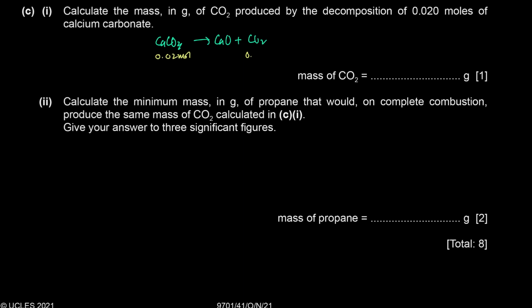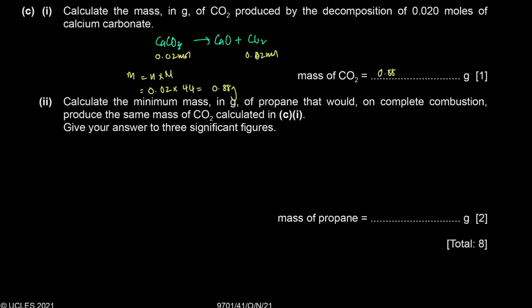So therefore 0.02 moles of carbon dioxide are produced. The mass of carbon dioxide is the number of moles times the molar mass, so that will be 0.02 times 44, which is equal to 0.88 grams.